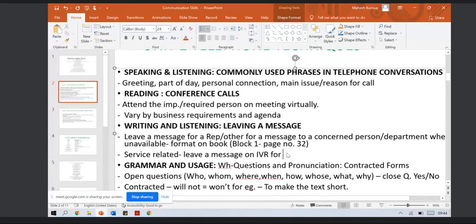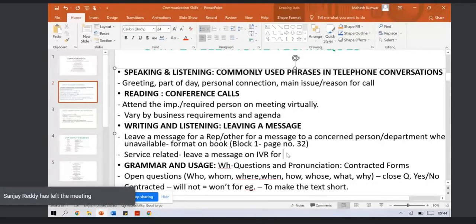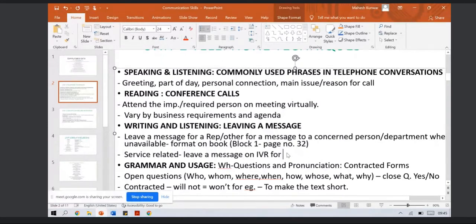You'll tell the caller that Mr. Gupta is busy at this moment. He's in an important meeting with some of the business clients, and I would request you to leave a message so that I can arrange a call back, or you can call us after 30 minutes. Whatever message you have, you can convey to your clients or customer who is calling.